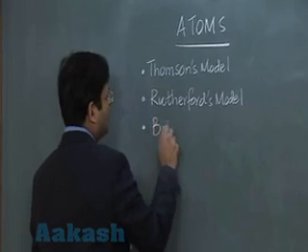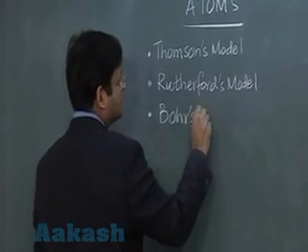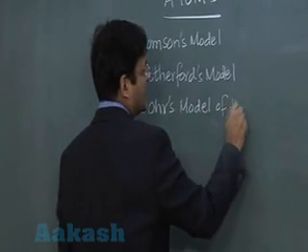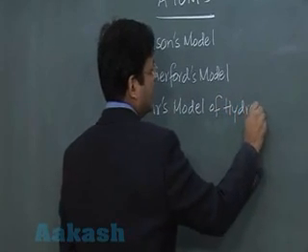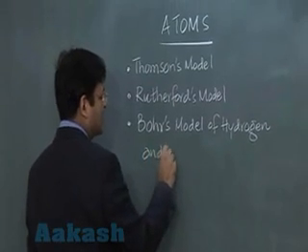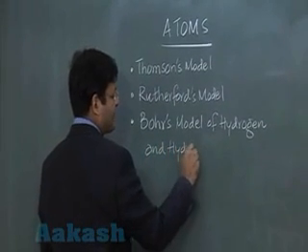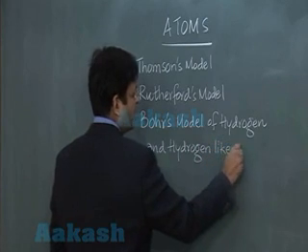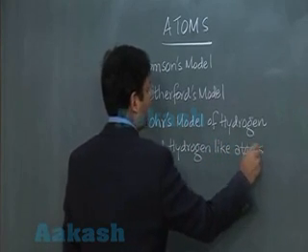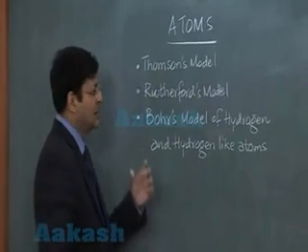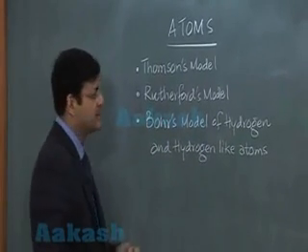Then mainly we talked about Bohr's model of hydrogen and hydrogen like atoms, in which we talked about the radius, speed, frequency, time period and energy of the nth orbit.